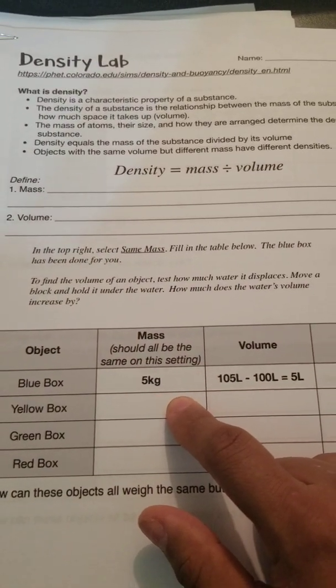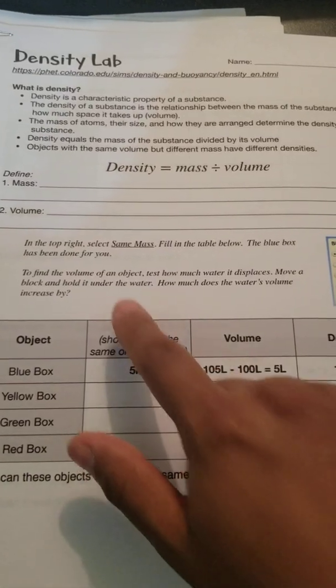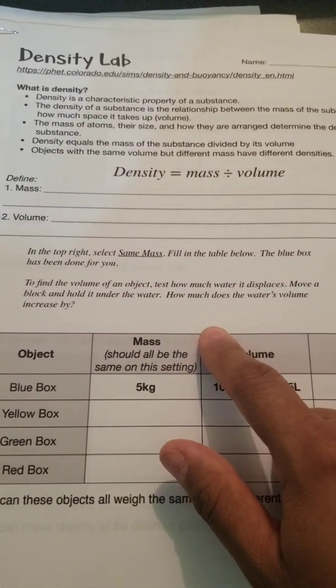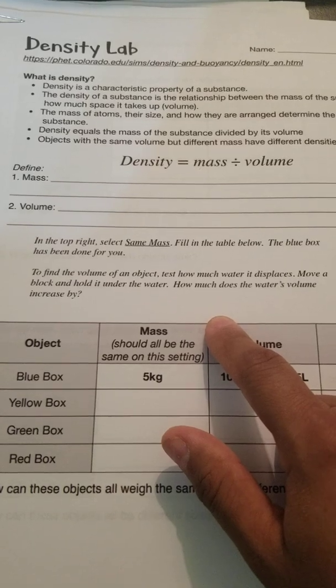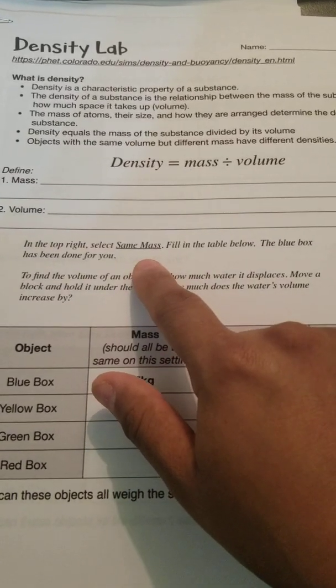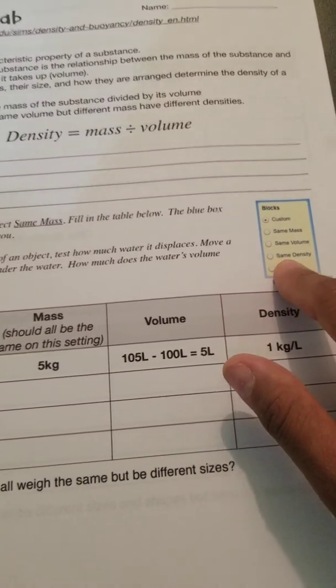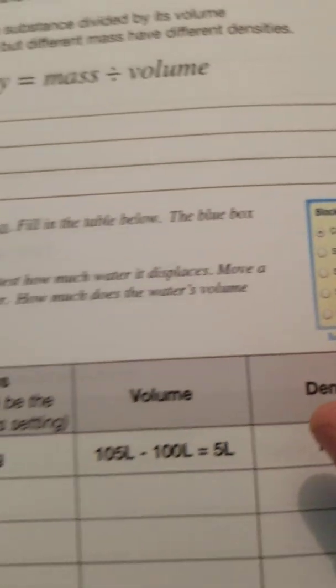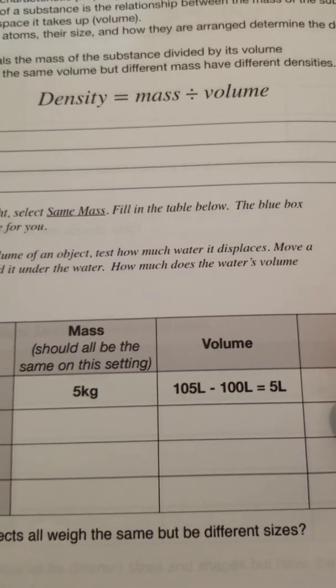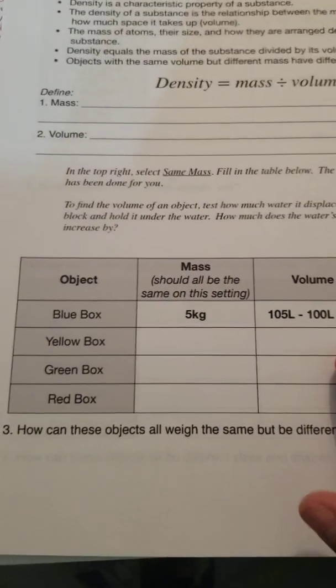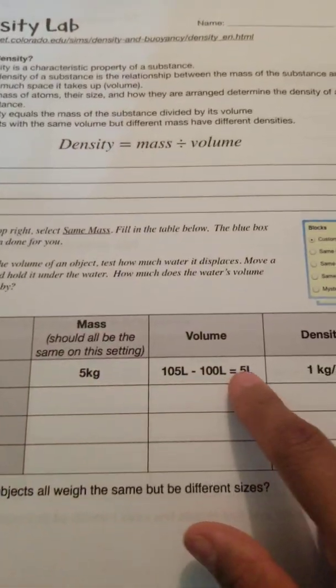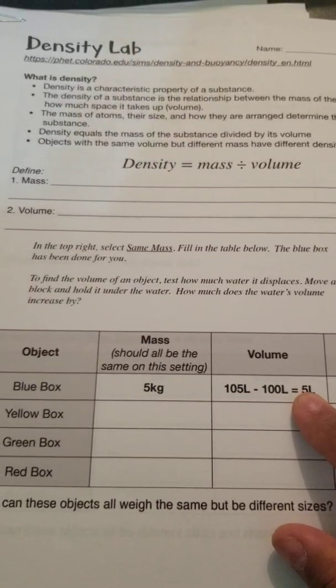And then they give you a little bit of information of what you're about to do. It says here at the top right of your computer screen, you're going to select where it says same mass, and it's going to be a box that looks like this. Okay, so you're going to click the one that says same mass. Fill in the table below. The blue box, which for me is kind of grayed in, is already done for you.